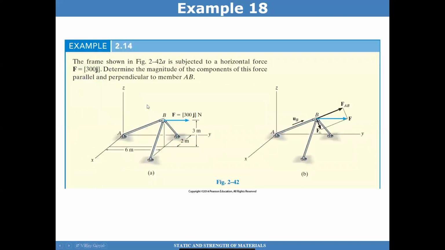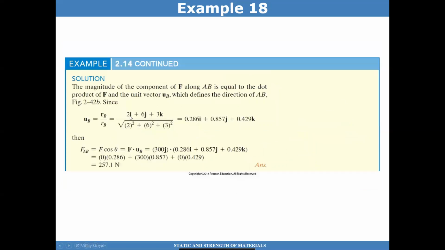You can figure it out quickly. It's 6 in the y-axis, about 2 in the x-axis, and then a height of 3. So that's where these 2, 6 and 3 come from. I can determine now the magnitude, and if I take this ratio, I get a unit vector.